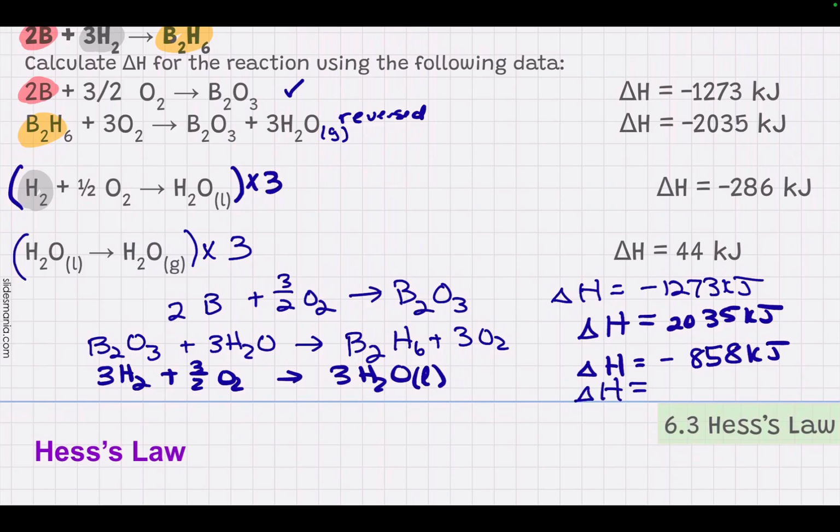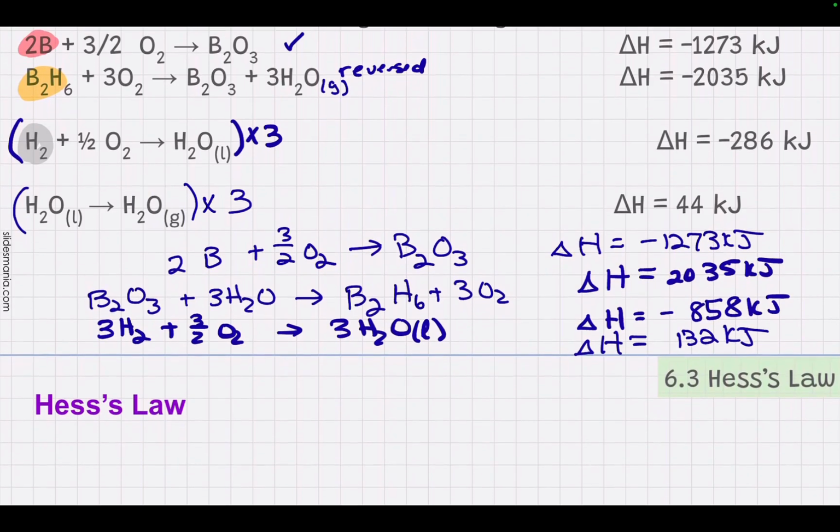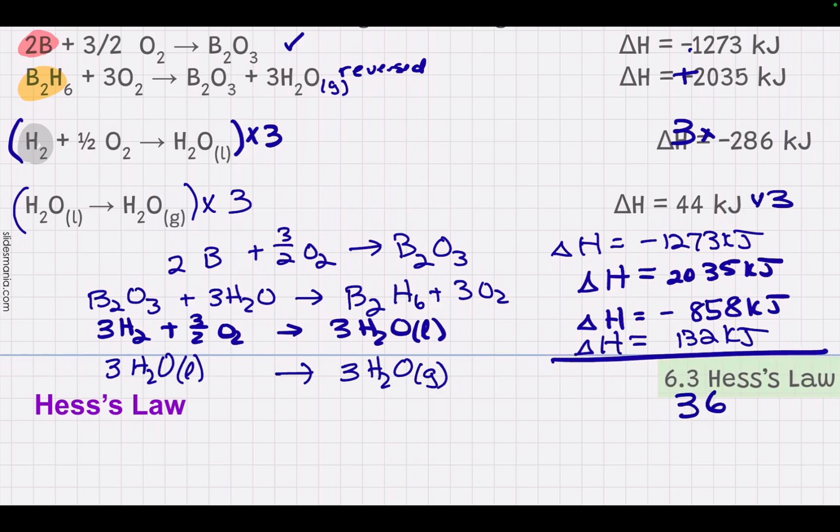And for that one, we'll get 132. So the last one would be, oops, sorry, 3 waters, liquid, go to 3 vapor. And I took this times 3. So this times 3. This one I reversed, and that one I kept. So when I add, I should get 36.